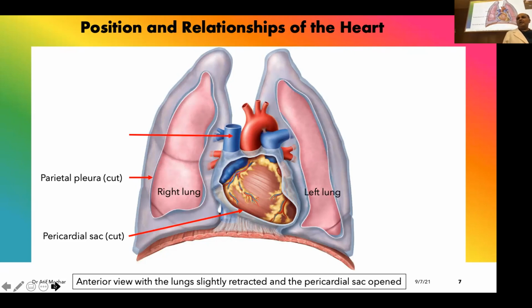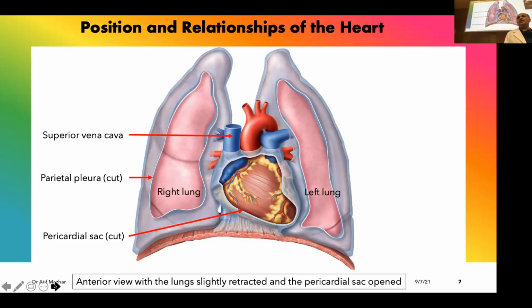I'm not saying the only biggest vein, but one of the biggest veins, which carries deoxygenated blood from the upper part of my body, and we call it the superior vena cava. That brings blood from my brain, from my neck, and partially from my upper extremity. And then this carbon dioxide rich blood reaches the right atrium of my heart through the superior vena cava.